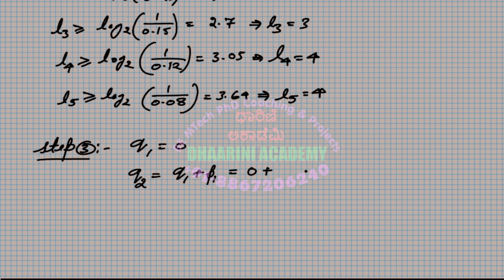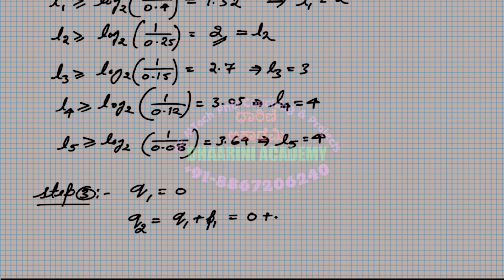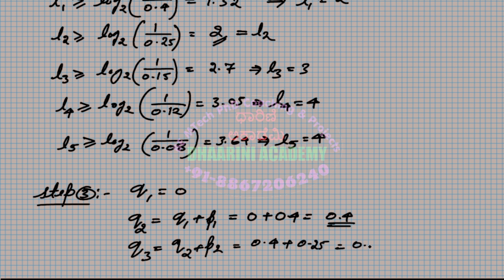Q1 is 0 plus what is the first probability we have written here? 0.4, right? So 0.4 is the first parameter, that is Q2. Q3 is equal to Q2 plus P2, so 0.4 plus 0.25, so 0.65.